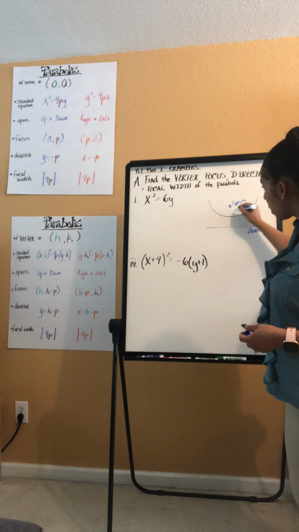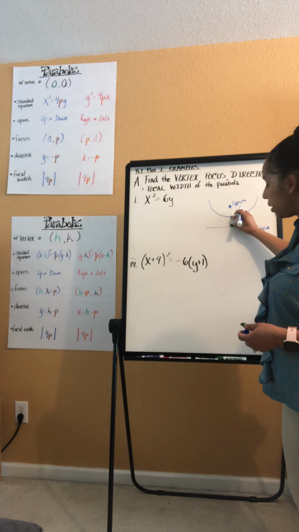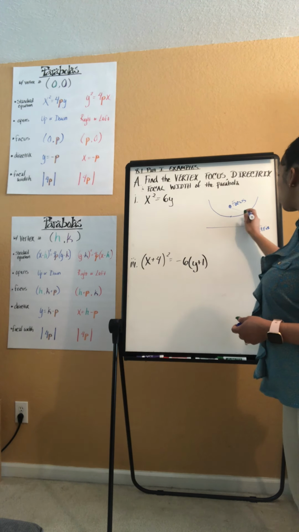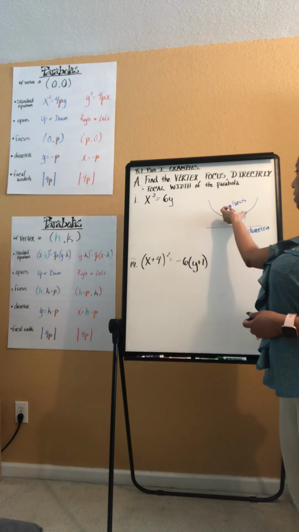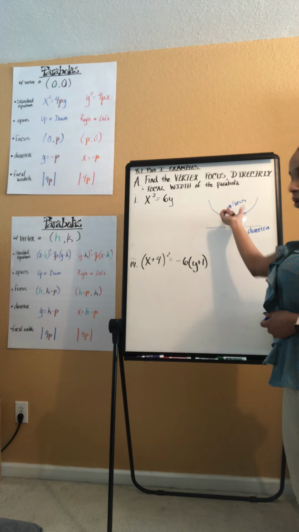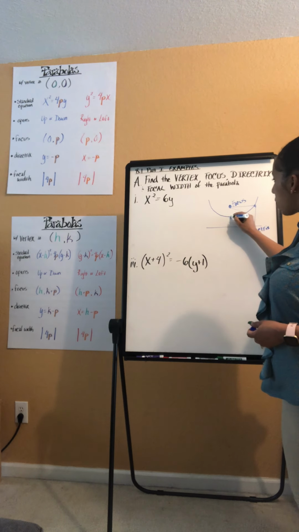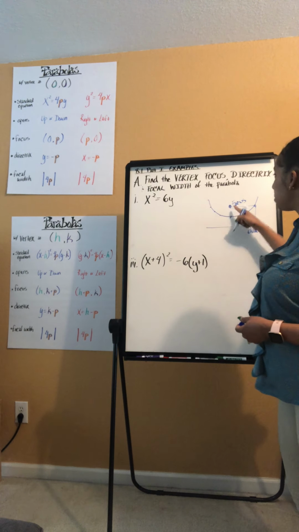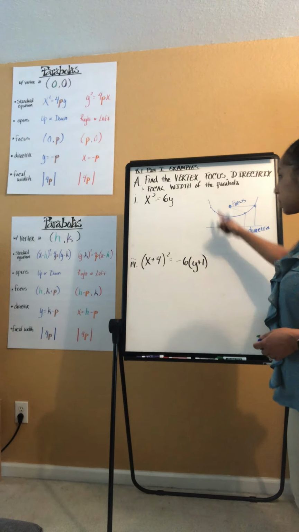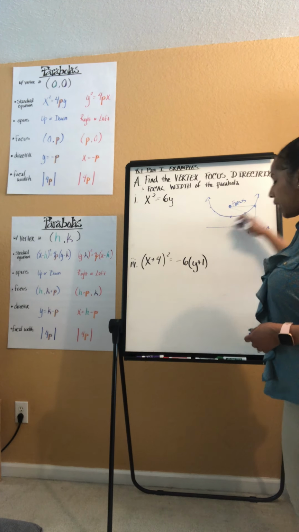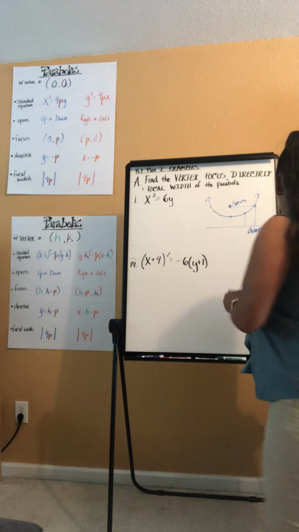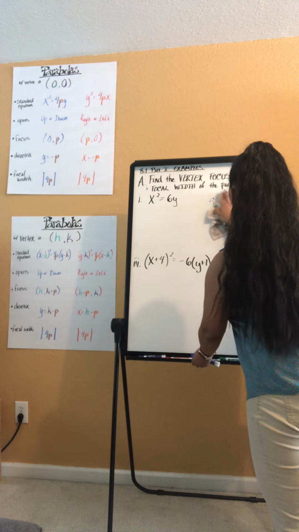So this point here is the same distance from the dot as it is from the line, right? This point right here should be the same distance from the focus as it is from the directrix, and so on and so forth. All of these points that are the same distance from the focus and the directrix create a parabola. All right? That is your definition of a parabola.